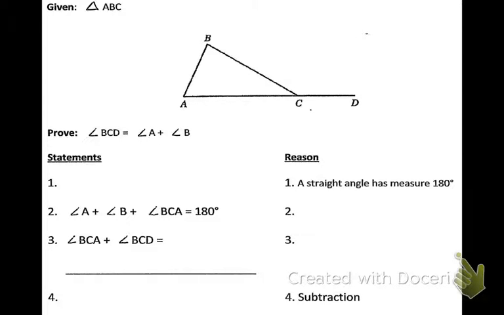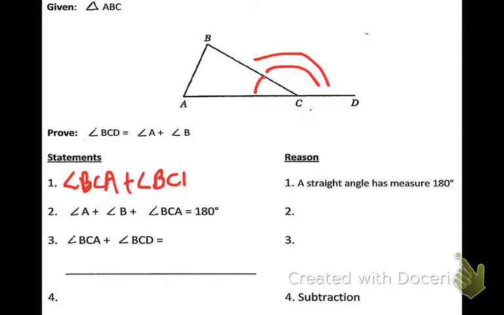All right. Well, we'd say these two angles, BCA and BCD, add to 180. So angle BCA plus angle BCD equals 180.